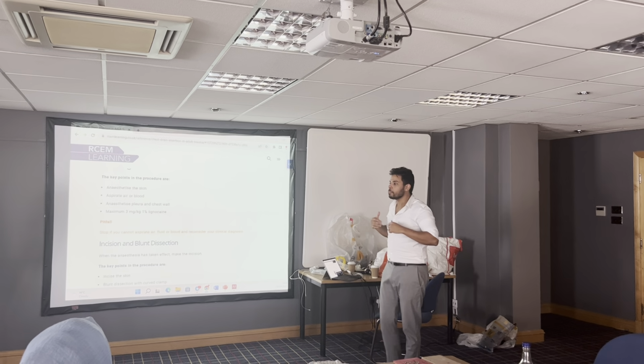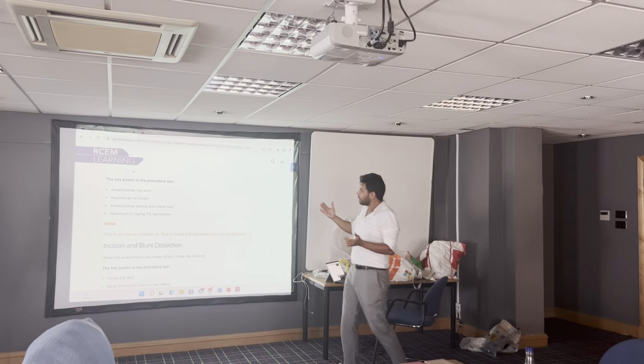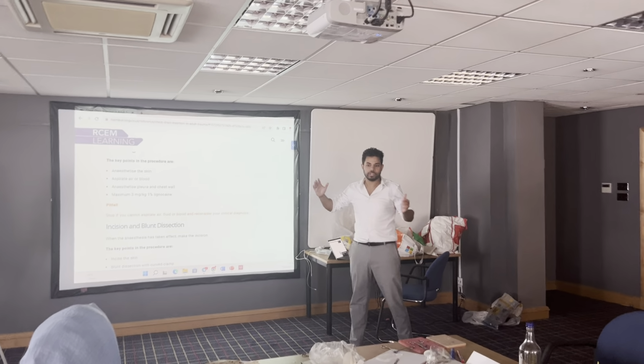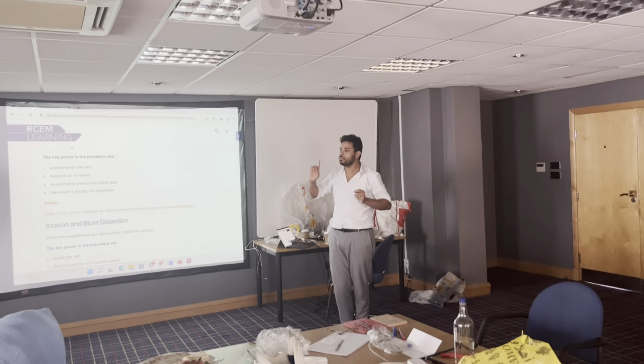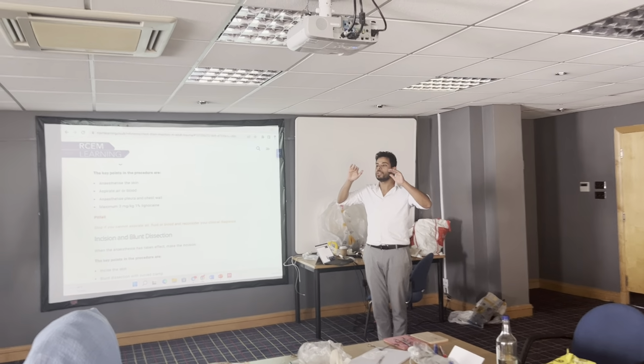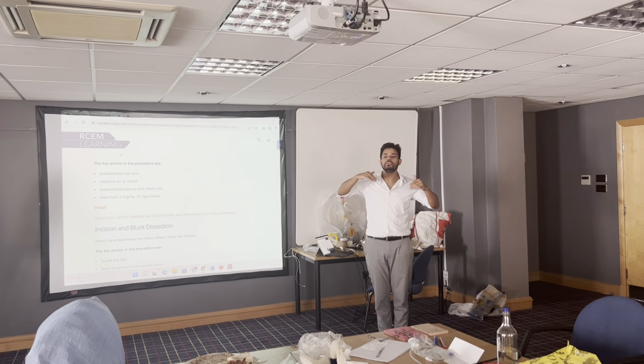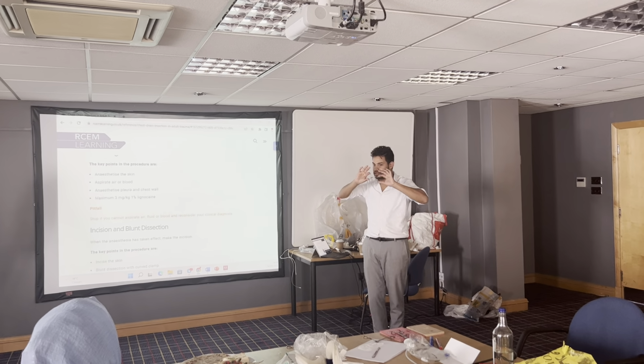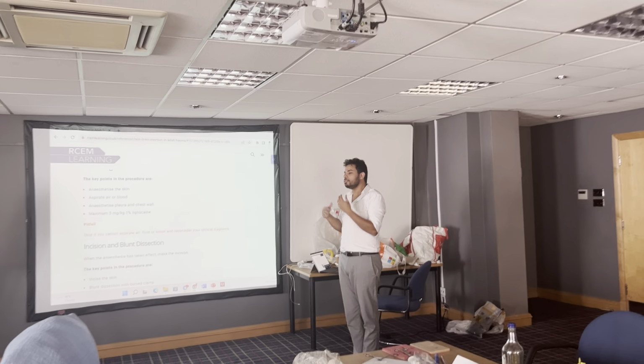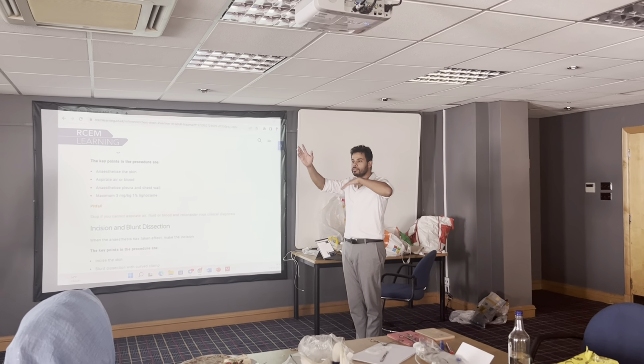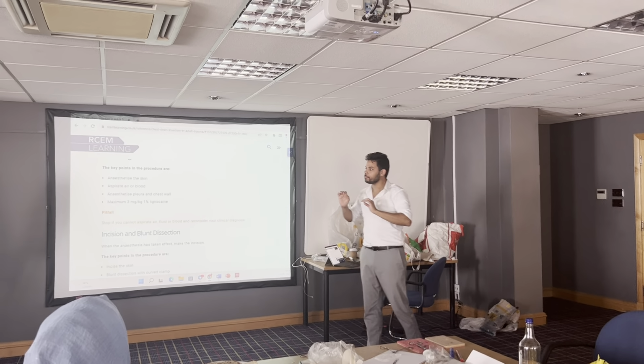Number one, like this case is a critically unwell surgical patient. So number one, you need to say 2 lines. No surgeon will listen to you more than 5 minutes. You can't talk a lot, you have to be organized.